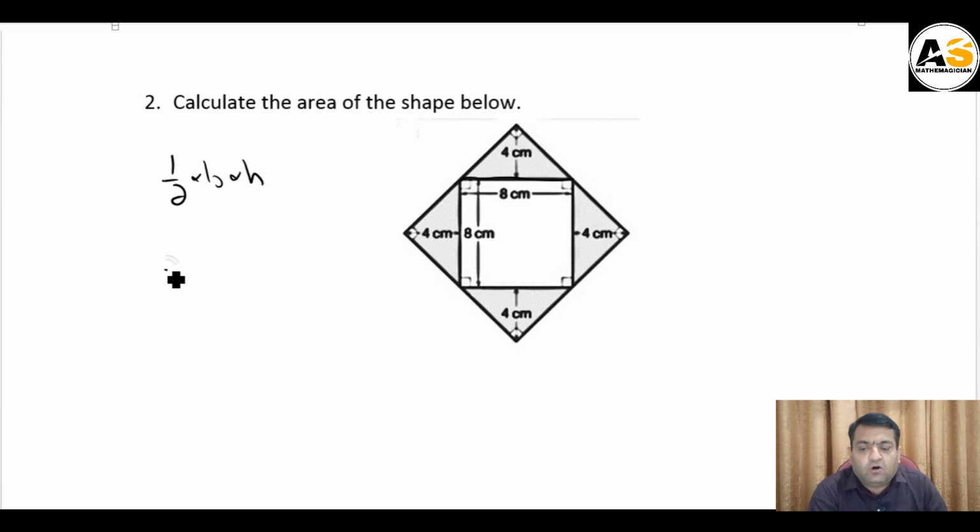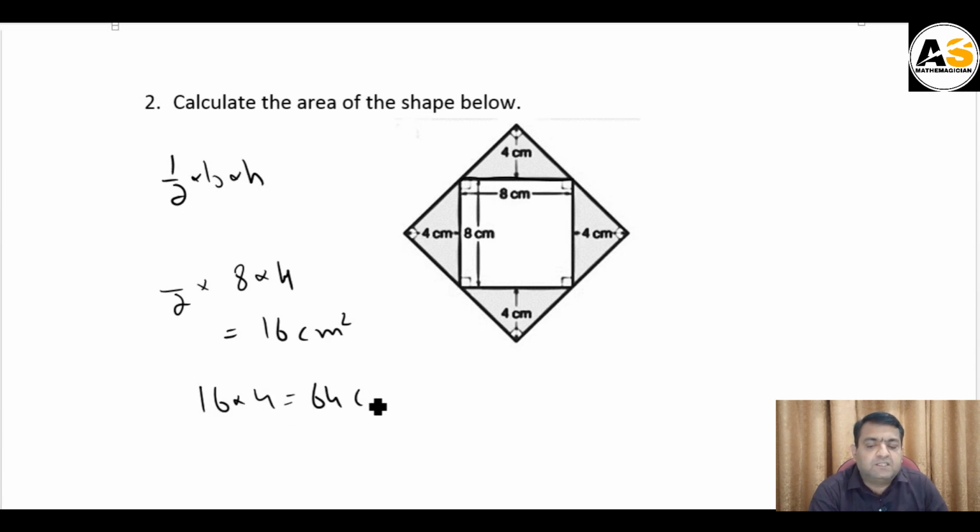So the area of one triangle will be 1 by 2 into base into height, which is 16 centimeter square, and there are four such triangles, so the total shaded area will be 16 multiplied by 4, 64 centimeter square.